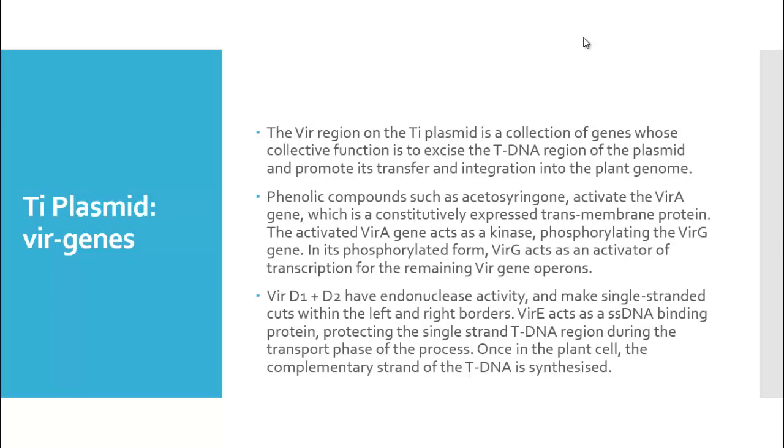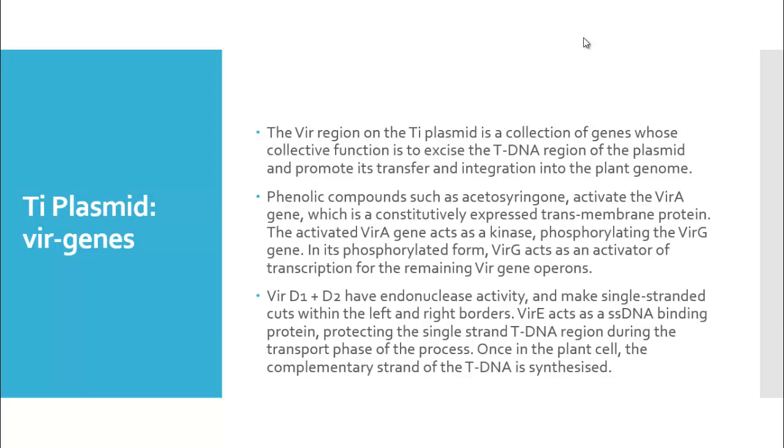Phenolic compounds such as acetosyringone activate the VirA gene, which is a constitutively expressed transmembrane protein. The activated VirA acts as a kinase that phosphorylates the VirG gene. In its phosphorylated form, VirG acts as an activator of transcription for the remaining vir operons.